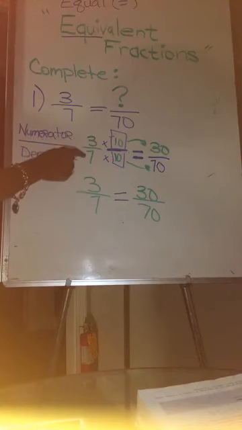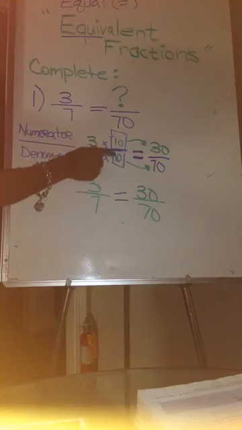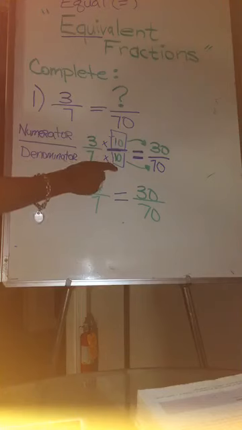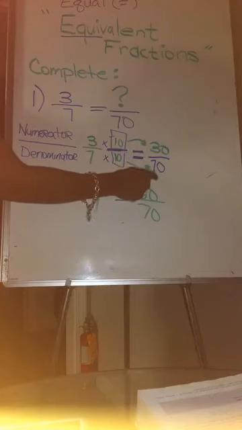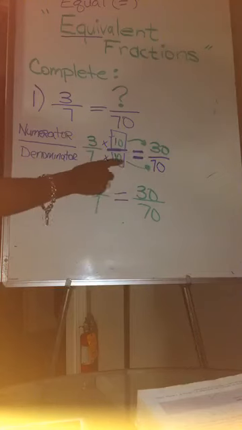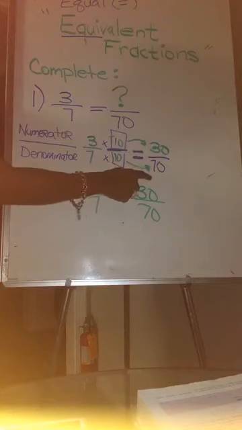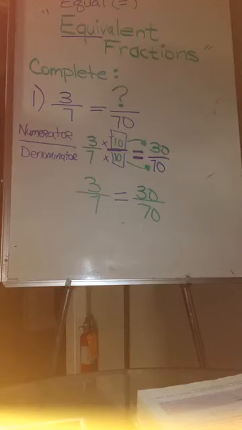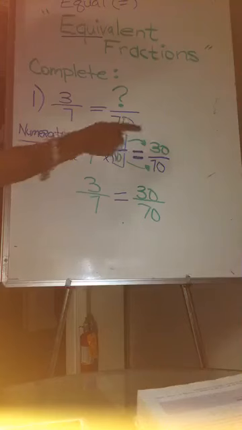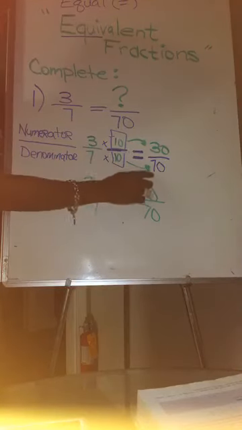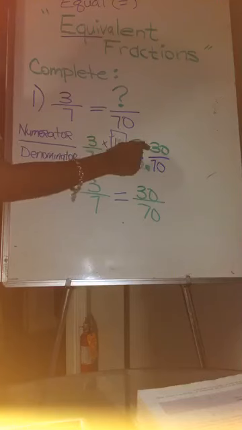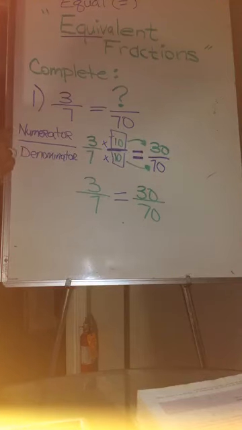So we rewrite 3/7 and we have to multiply by a common number or factor to get 70 here. So whatever we get for this number to get 70, we know to use that number in your numerator to get that answer. So we have 7 times 10 is 70, and now 3 times 10 is 30. All right?